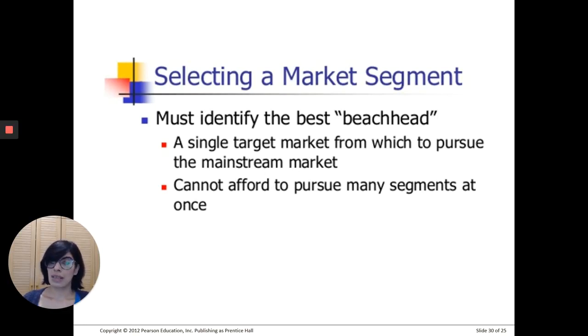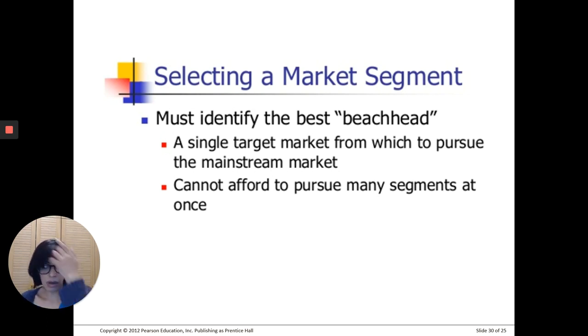When you are selecting a market segment to sell to, you have to identify what we call the best beachhead. So this is a single target market that you will be pursuing in the mainstream. You can't afford as a business to pursue many segments at once because it's expensive and it's time consuming, and you might be adapting your product in too many different ways.